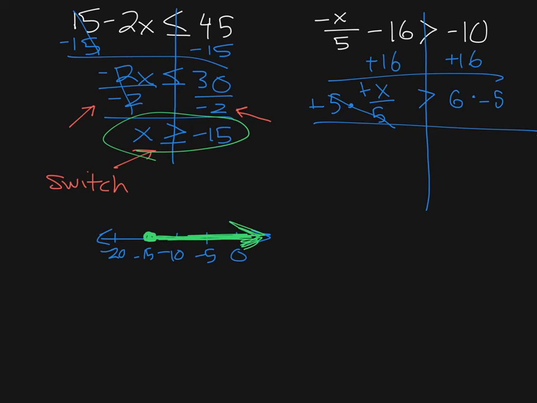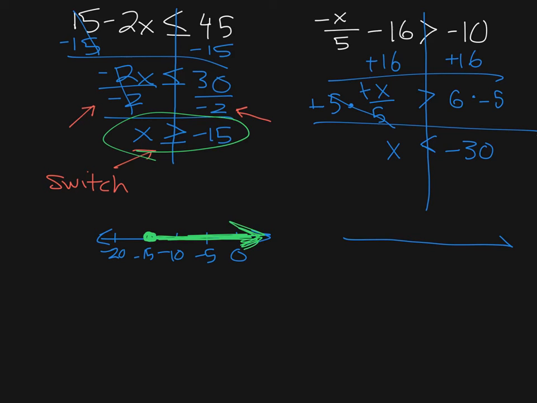So I'll be left with x over here, and I'll have negative 30 over on the right. Now, because I multiplied by a negative number, just like when we divide by a negative number, we have to switch that inequality. So that's my answer. X is less than negative 30.